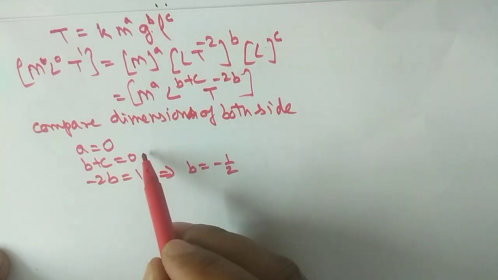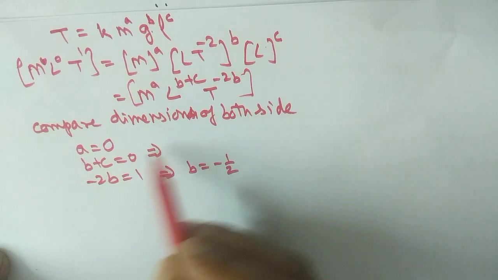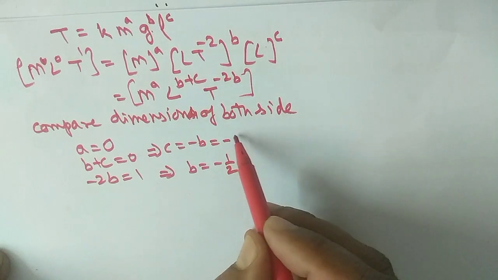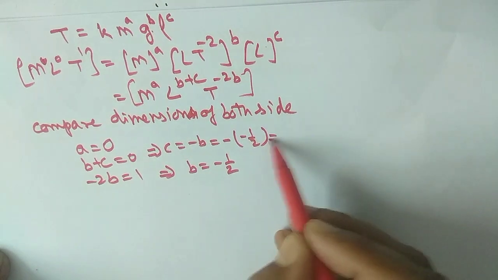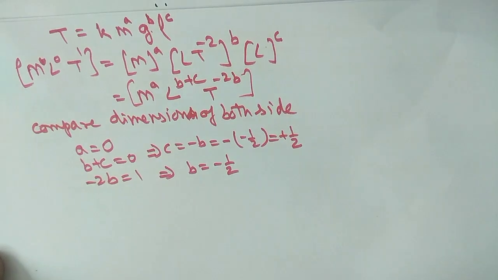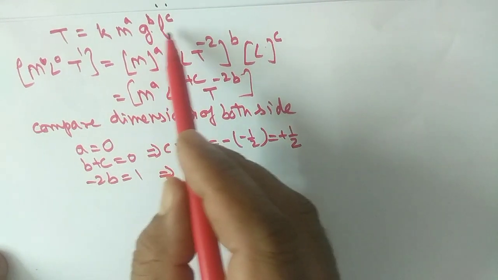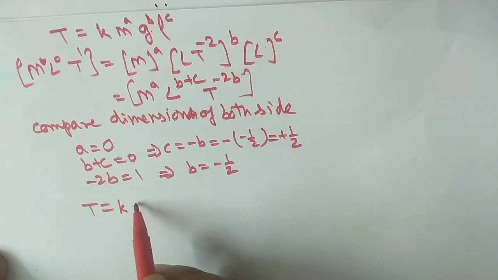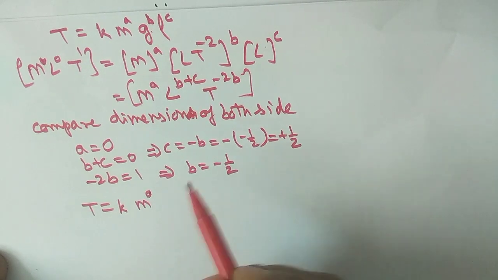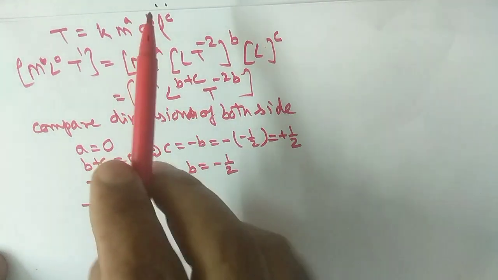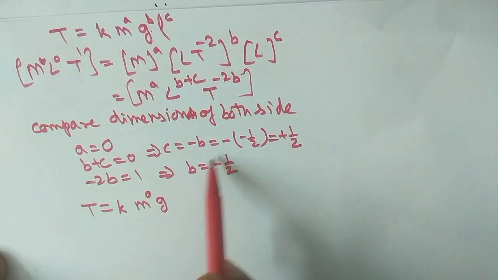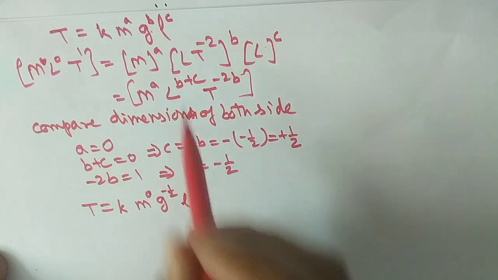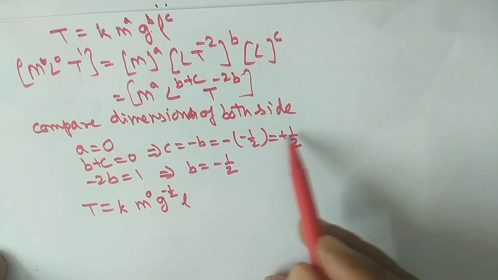And from here we have to find c, so c is equal to minus b. What is the value of b? It is minus half, so c is plus half. Now write the values of a, b, c in this formula. So T is equal to K, M to the power a, which is 0, G to the power b, which is minus half, and L to the power c, which is plus half.